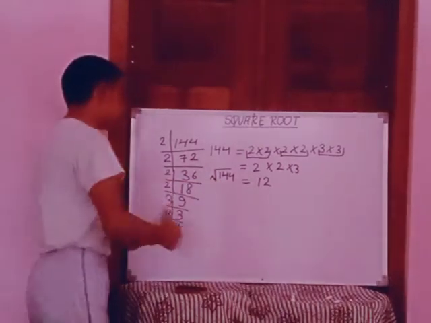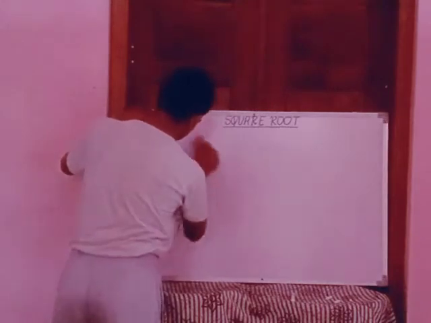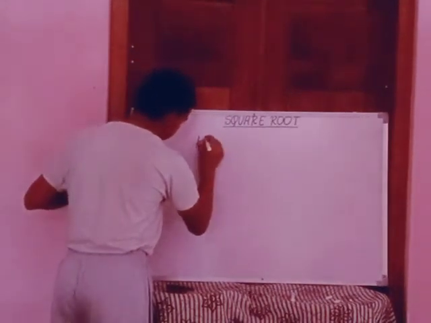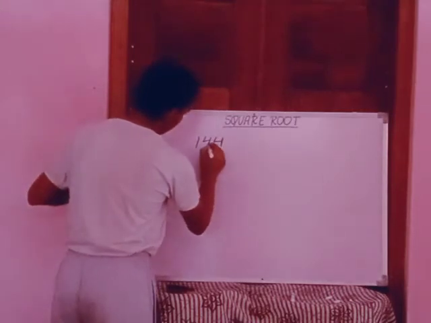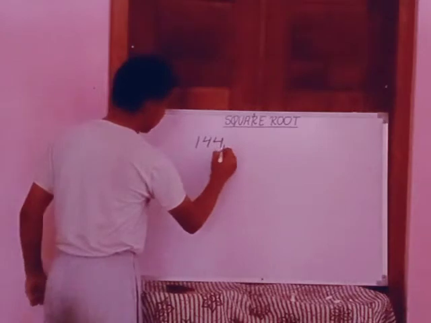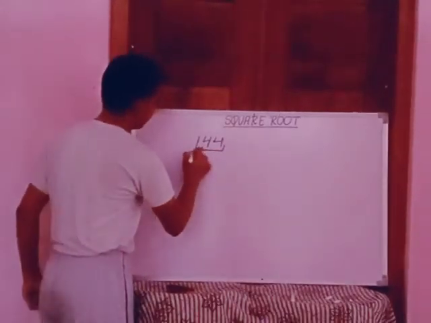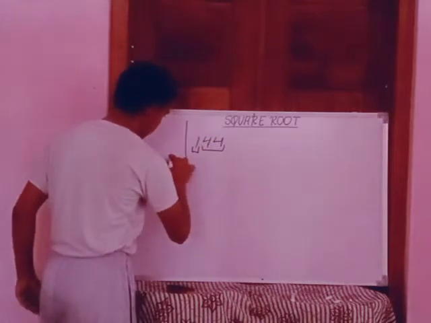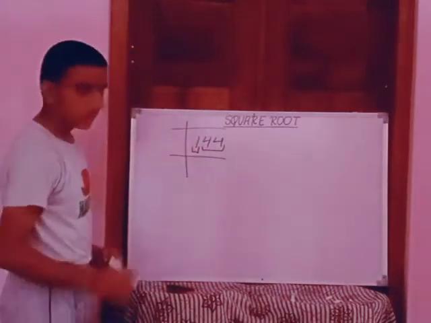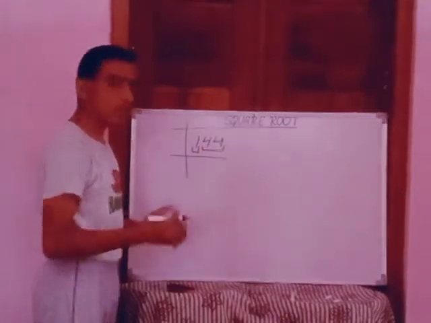Now let's understand this by the long division method. Like this is the number. In this we make pairs from the right hand side of two numbers. If there is only one number left, then we make it a pair of 1. Then the first pair is 1. Now let's find the number whose square is nearby or equal to 1.